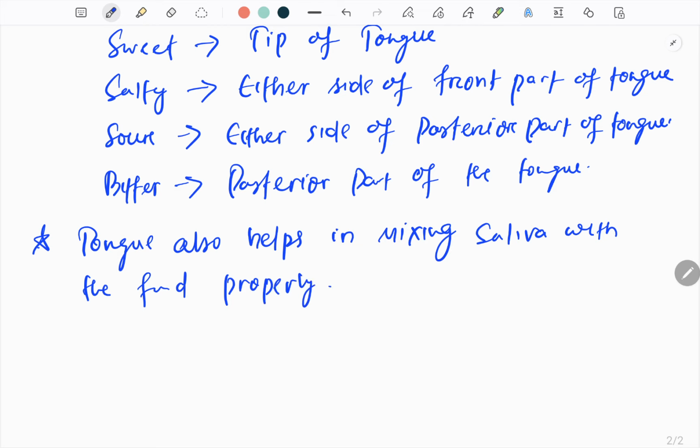It also helps in swallowing. So this is the role of a tongue.